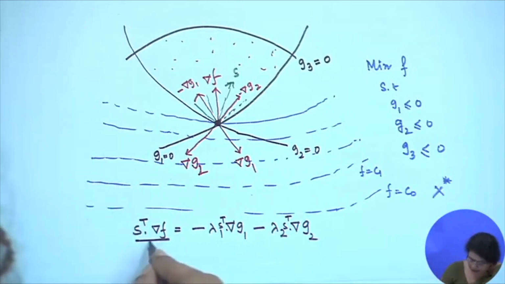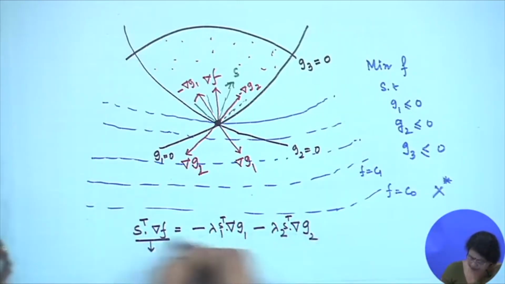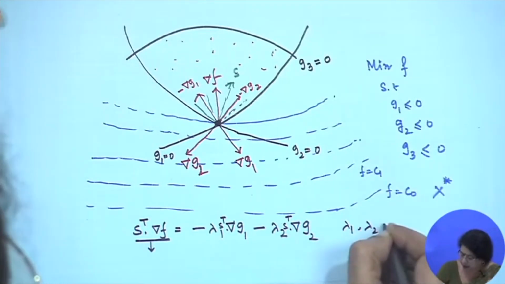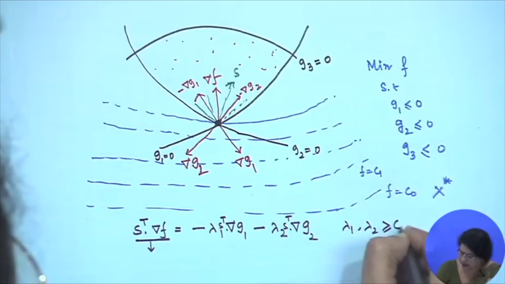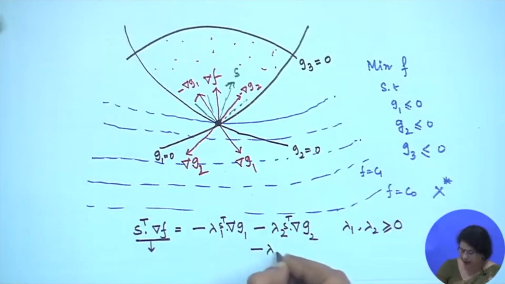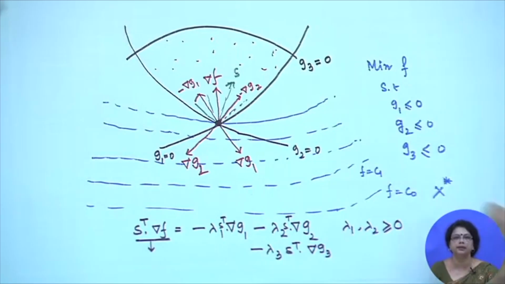That is why, to adjust the sign, we have said that lambda 1 and lambda 2 must be greater than 0 in this case. Equal to will be there if we have an inactive constraint in the group.